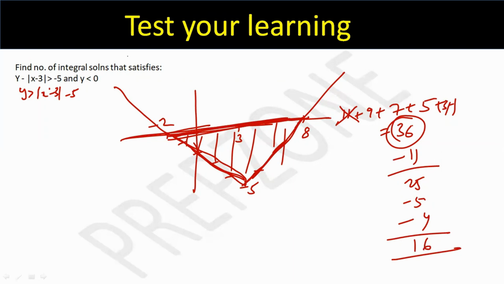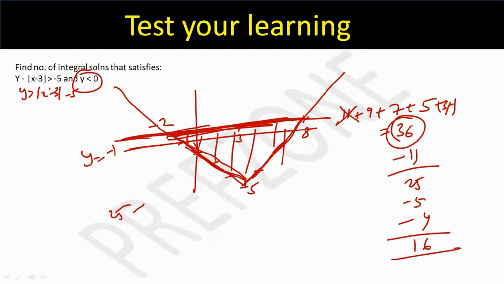16. Correct. Others, I'll just summarize what we have done. We have plotted the graph and did the same approach. Ideally, this was not required because y has to be less than 0, so we should have started with y equals -1, because these are integral points. Then -2, -3, -4, -5. It would have been 5 squared, 25. Then we have to subtract the points that are on this line.